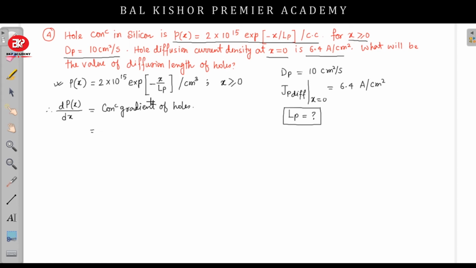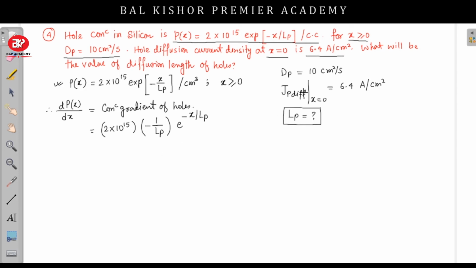Let us differentiate this. After differentiating, the 2 into 10 to the power 15 remains as it is. The differentiation of the exponential term is the exponential term itself, and only minus 1/Lp comes outside, and here we have e to the power minus x/Lp. So it will give you the concentration gradient.